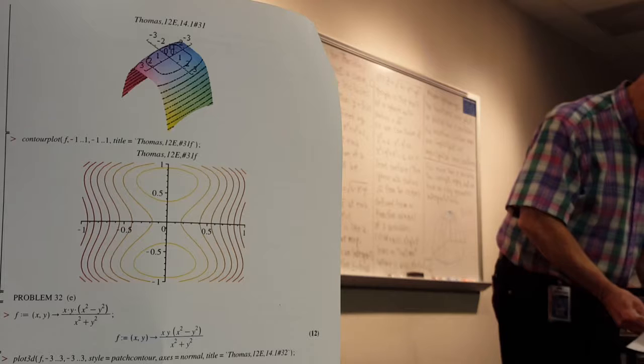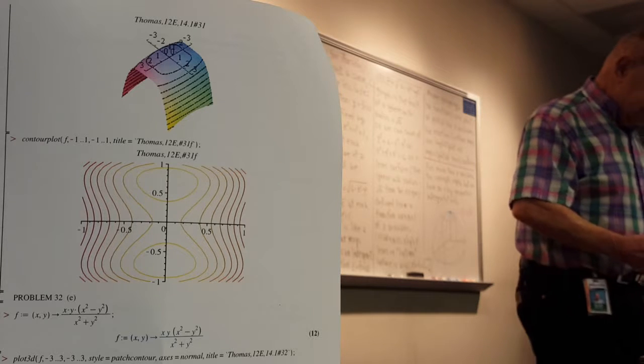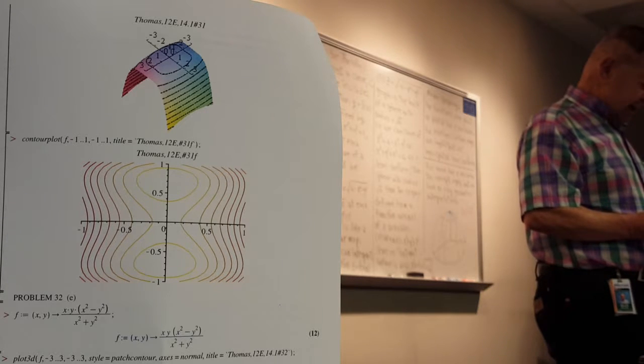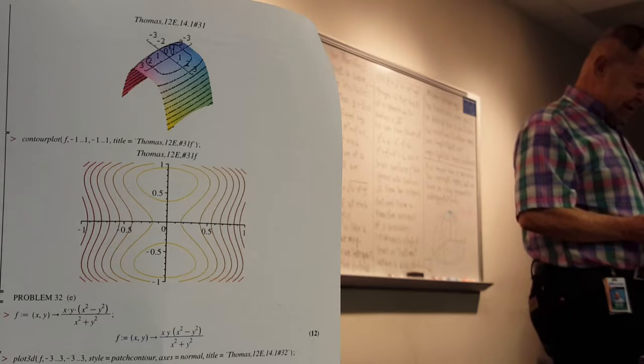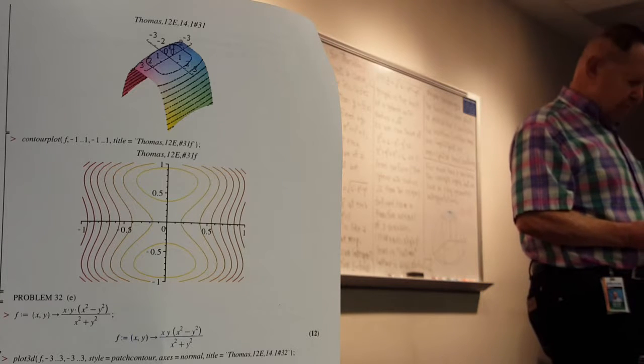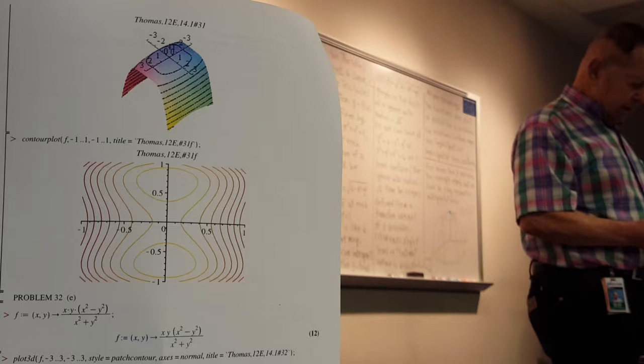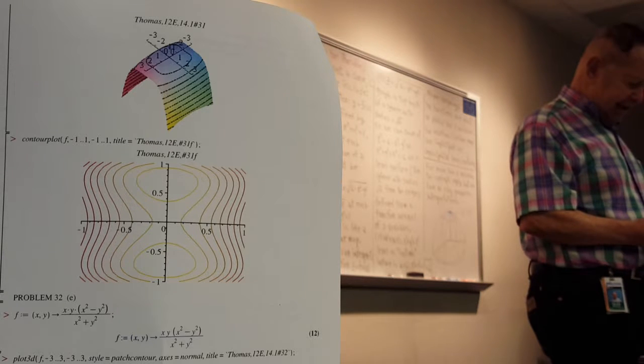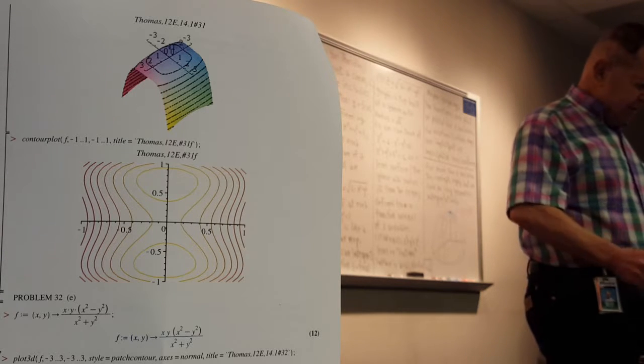The function is y squared minus y fourth minus x squared. If you define the function, you can draw its graph with plot3d, style patch contour.